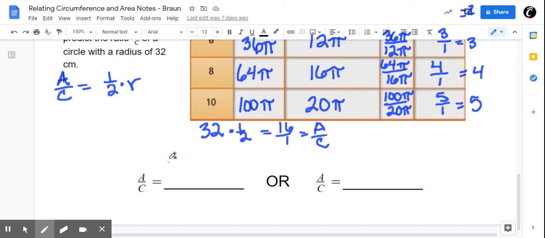So over here, I want you guys to write out A over C equals area over circumference. And A over C equals 1/2 times radius. So this is actually pretty helpful. If we know this ratio exists, if we know our radius, then we can find our ratio of area to circumference by just multiplying our radius by 1/2.